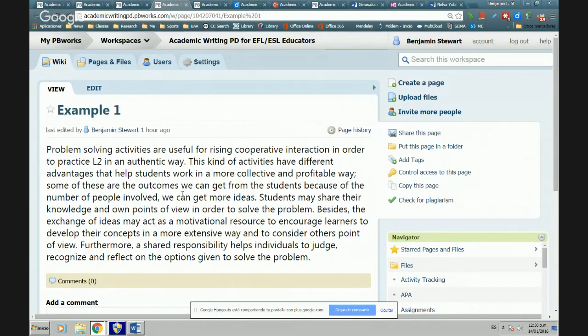Now, it's not always really clear, right? But I think it would be difficult to say that problem solving is not useful for raising cooperative interaction in order to practice L2 in an authentic way in general. Just looking at it from that first criteria, is it debatable?